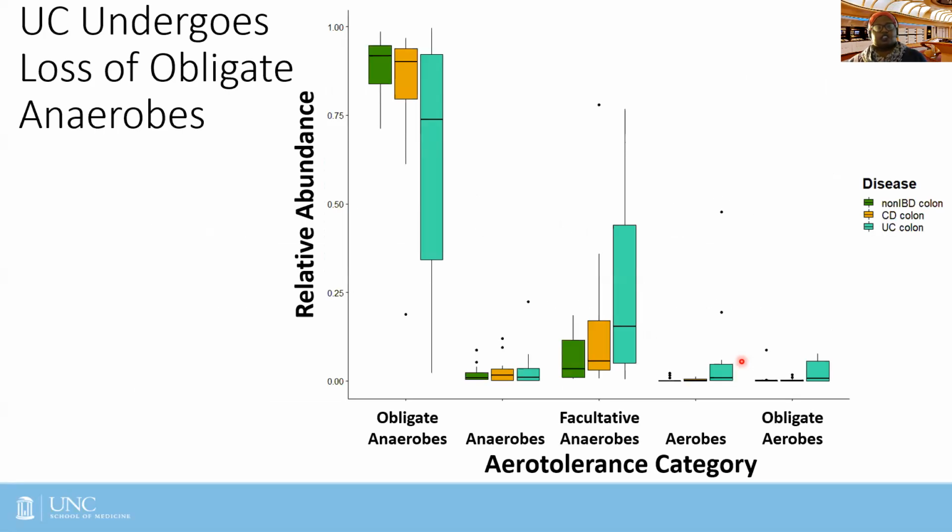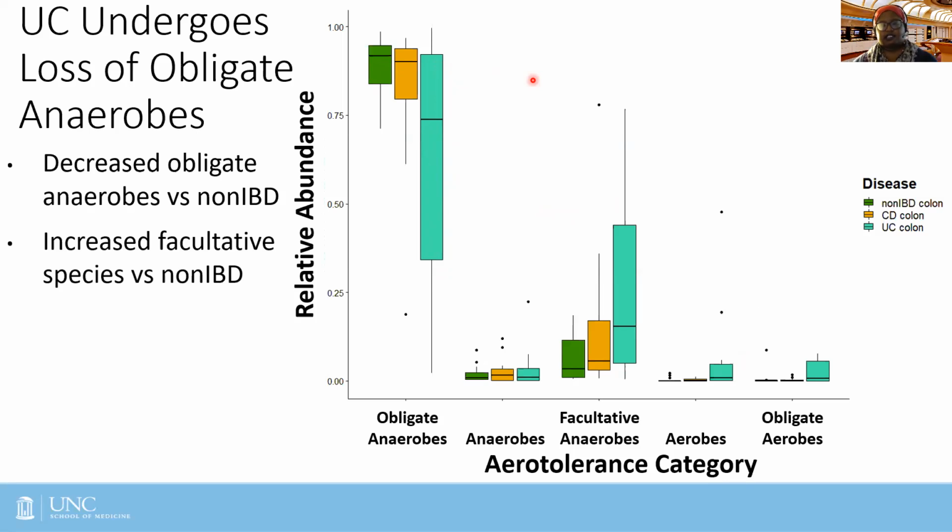Interestingly, UC undergoes a loss of obligate anaerobic species. But also, unlike Crohn's disease and non-IBD, there's a lot more variability in the relative abundance of obligate anaerobic species, as well as a wider range in the relative abundance of facultative species. And we thought this was a bit odd.